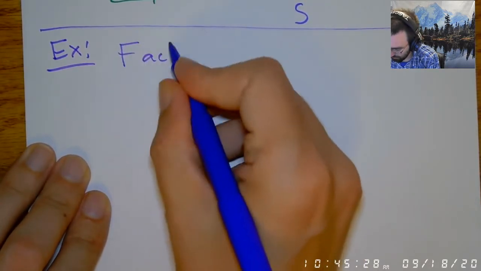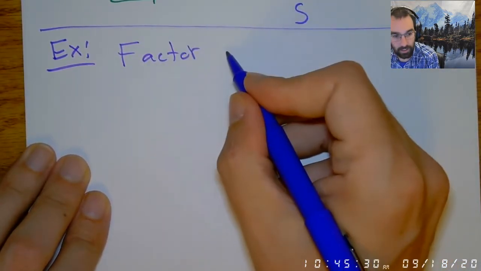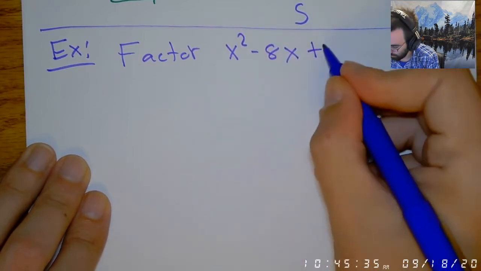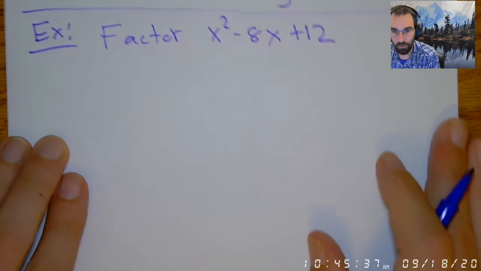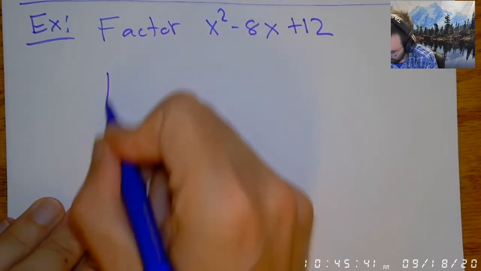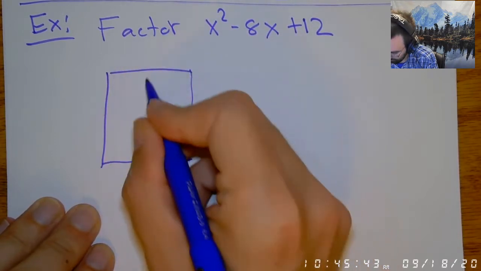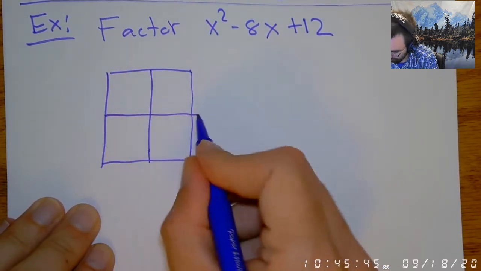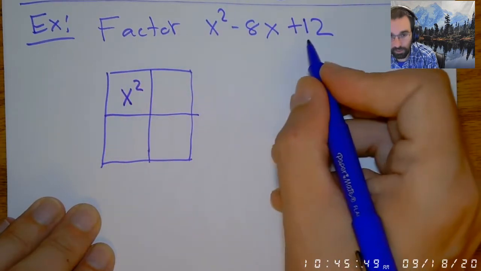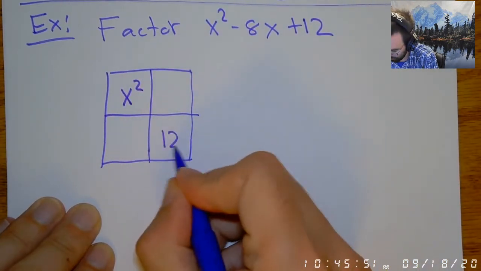Okay, we're going to factor x squared minus 8x plus 12. I'm so sorry, guys. That was a huge mistake. No one called me on it. All right, so I'm going to have a box, my squared term, and my constant term.